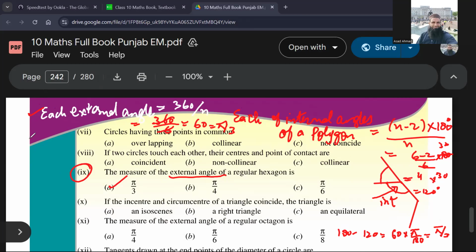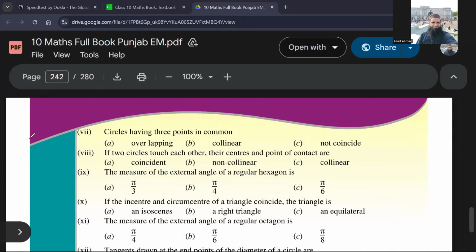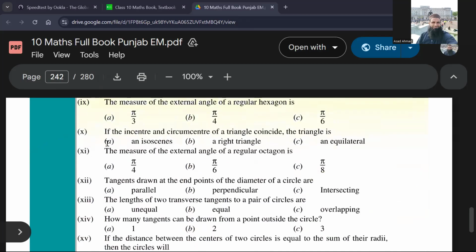Next question, number 10: the incenter and circumcenter of a triangle coincide with the triangle. Actually, if you draw a triangle inside the circle, this is the case of the circumcircle.